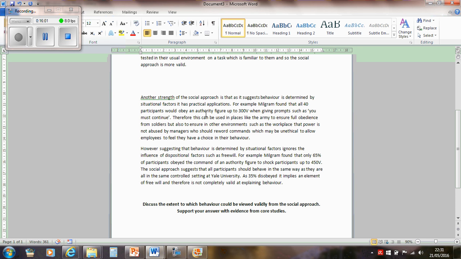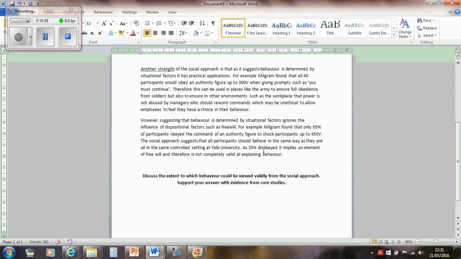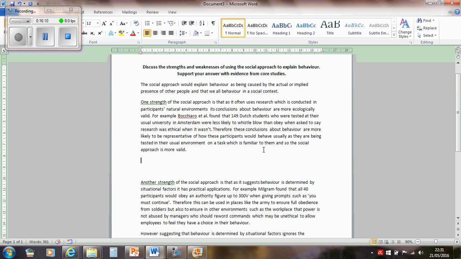Has practical applications. Determines, ignores free will. But then that's kind of ignoring, just that is reductionist. Oh, let's just go.